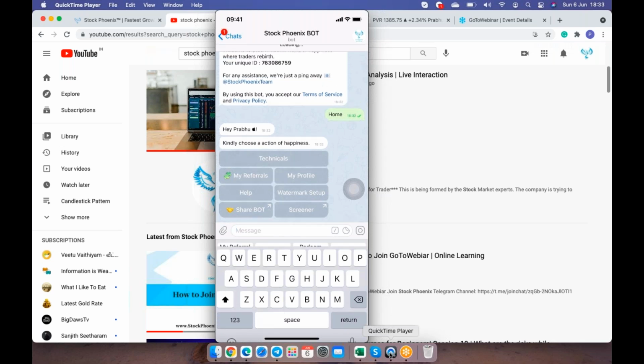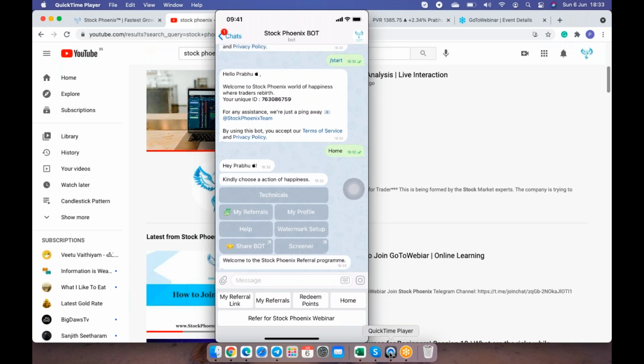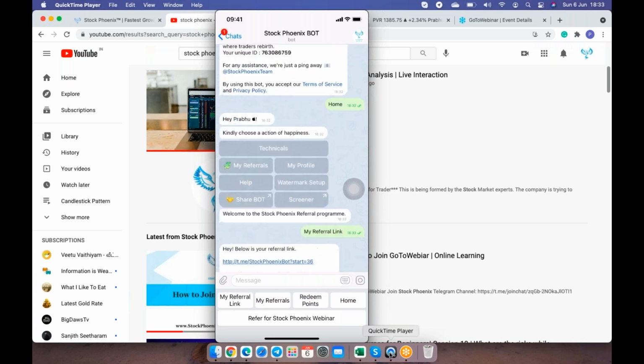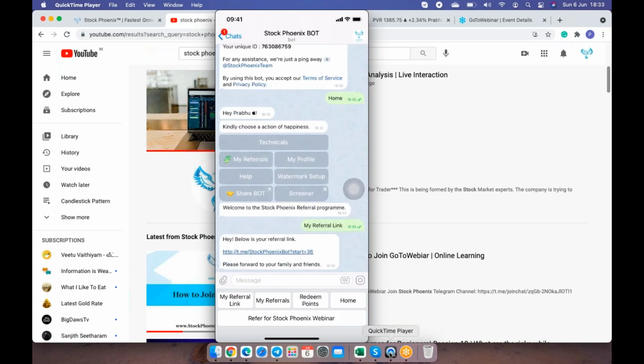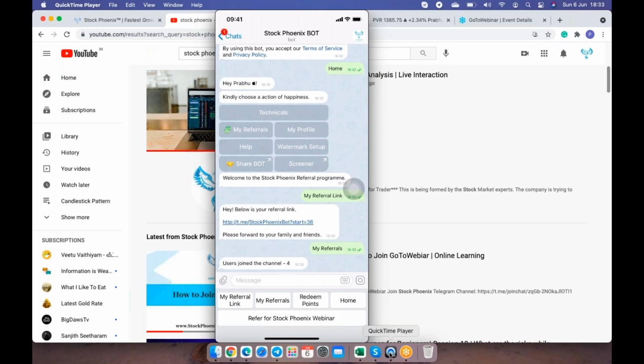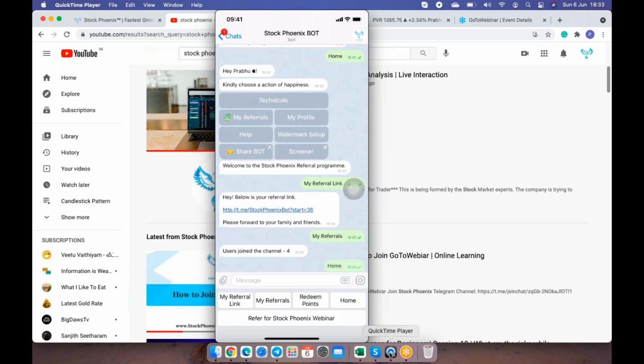If you click on my referrals, you can create your referral link. Forward it to your family and friends, and you can track the number of referrals you have made through your referral link. You can redeem the referral points for exciting offers at Stock Phoenix once it is announced. Let's go back to the bot home screen.